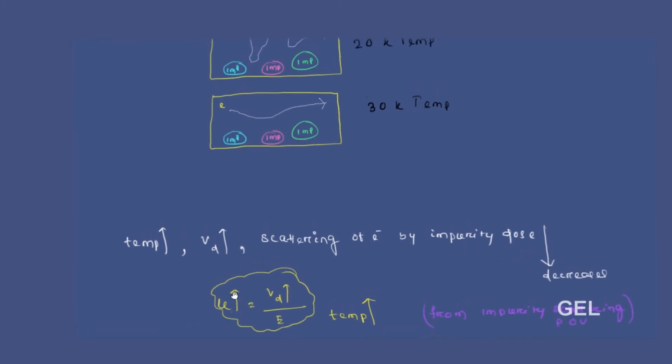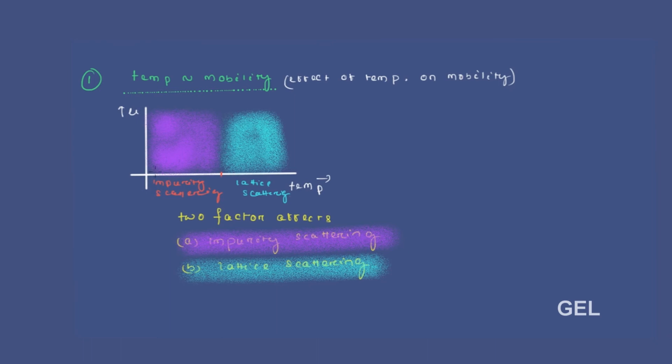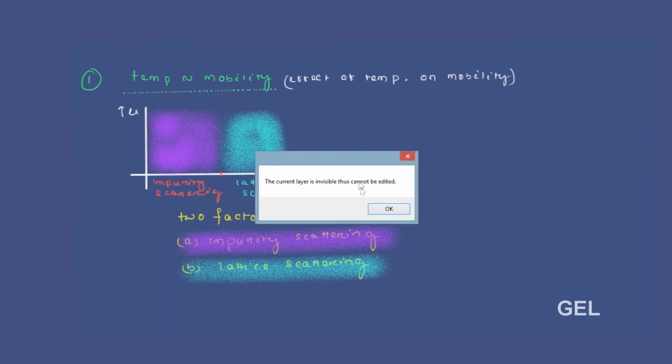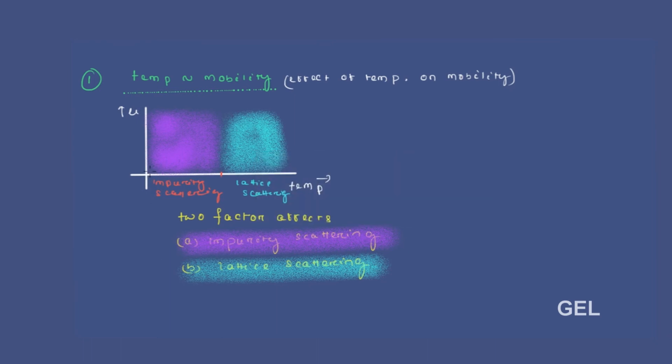That is why with an increase in temperature, the drift velocity value increases, due to which mobility increases. So in the first part, the mobility will increase up to a certain temperature, because impurity scattering will not affect the movement of the electron. So if you increase the temperature, mobility will increase.